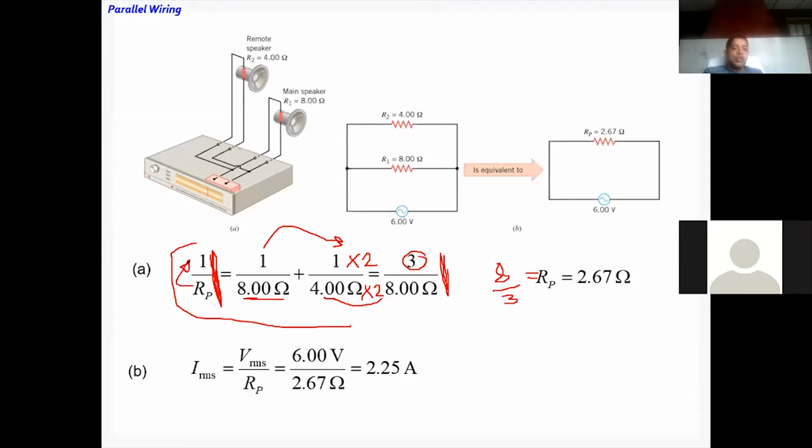So 1 goes to the bottom, RP goes to the top. Similarly, 8 goes to the top and 3 goes to the bottom, which gives 8 over 3. When you divide 8 by 3, you get 2.67, as you said. That's right. Now you can simply replace these two by one resistor of value 2.67 ohms.